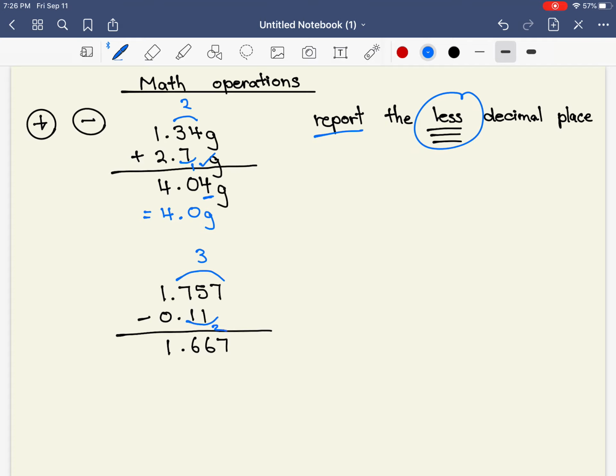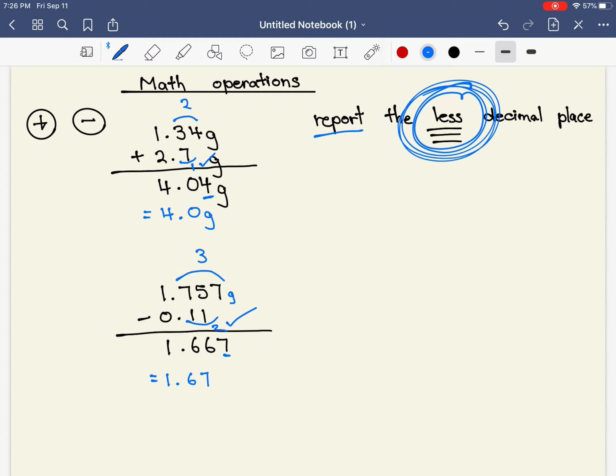This number has two decimal places. Three versus two, who wins? The lesser one wins, right? So two wins. So I want to report my answer to two decimal places. So my answer is going to be 1.647, but you're going to have to round this off, so it will be 1.65.